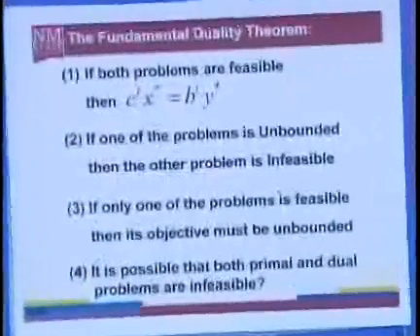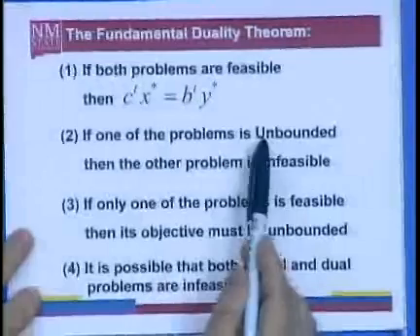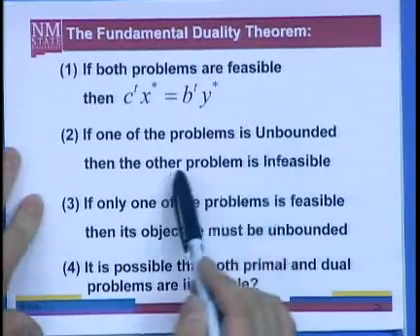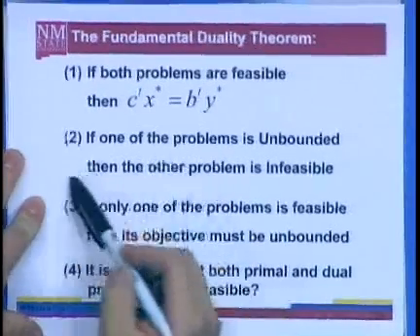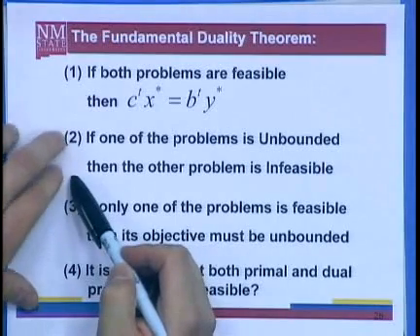Okay, now I'm going to show you that if one of the problems, either the primal or dual, has an unbounded objective, then the other problem is infeasible, which is the second case of the fundamental duality theorem. Okay?